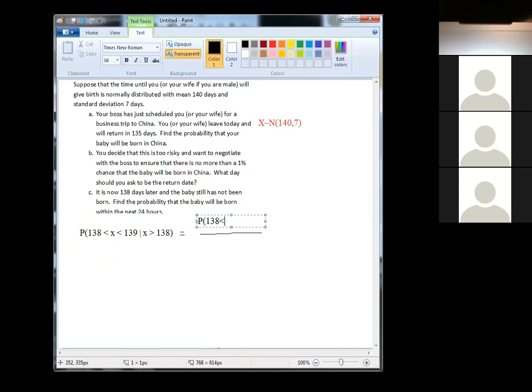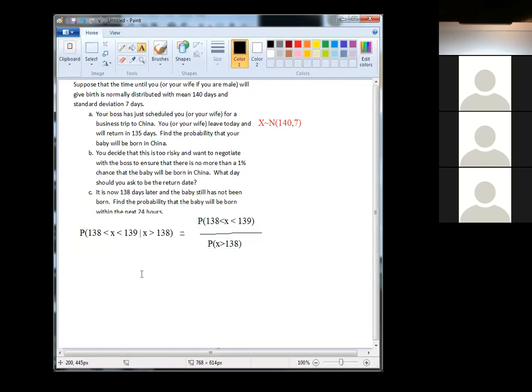So the probability that 138 is less than x is less than 139, divided by the probability that x is greater than 138. Any questions on that?